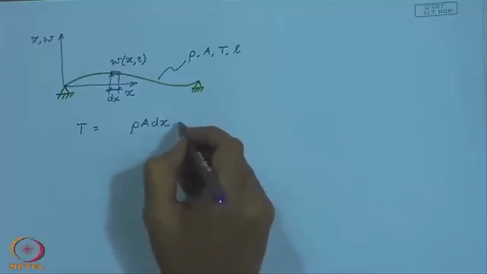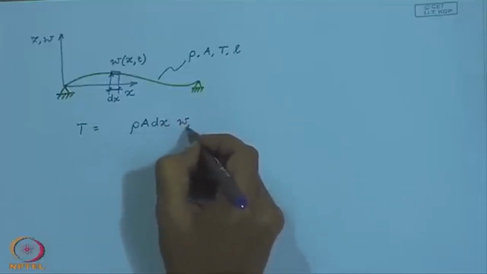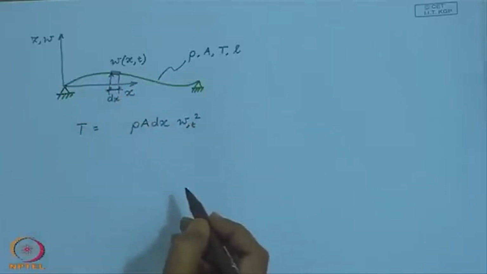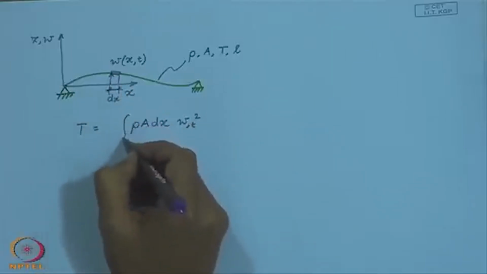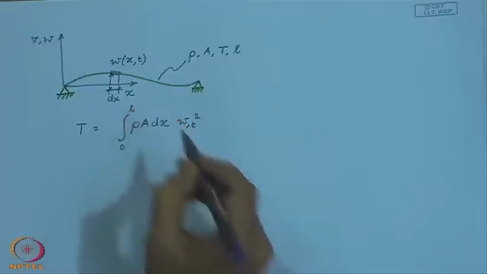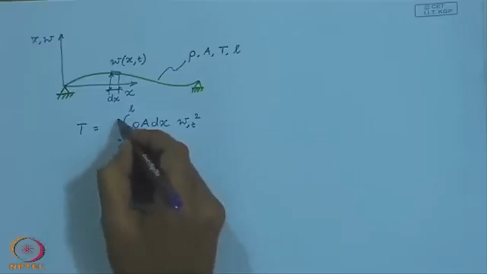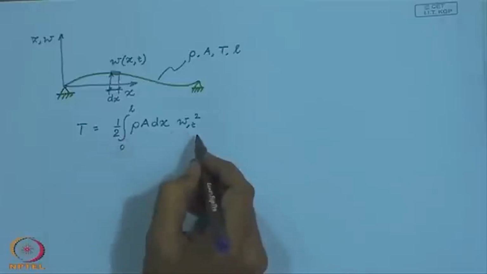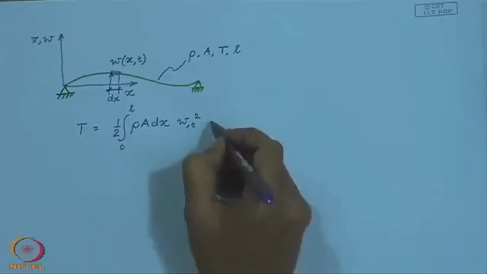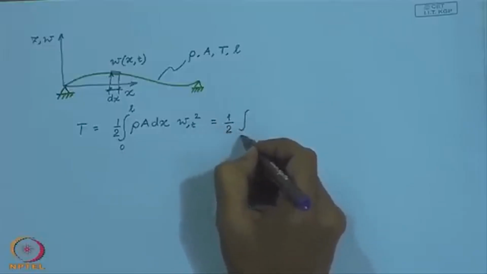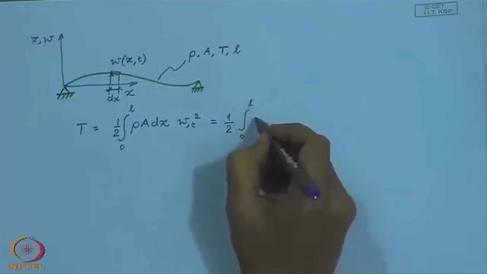Now, with this I multiply the velocity square of this little element, and if I integrate this over 0 to L and multiply by a half, then I obtain the kinetic energy of this string.